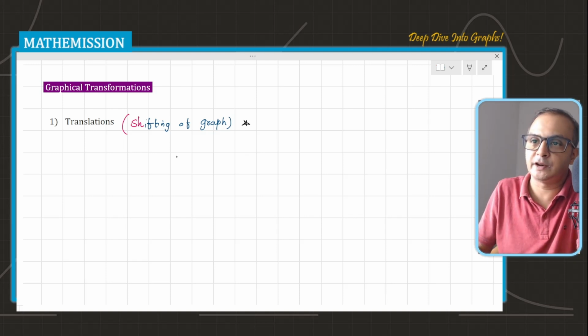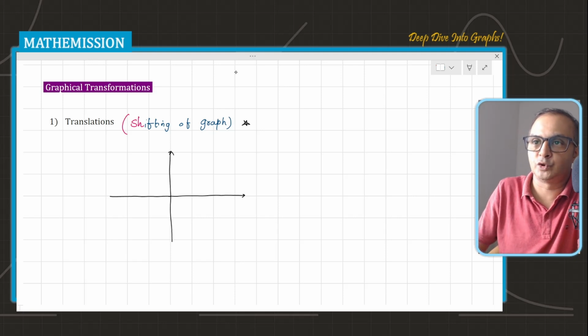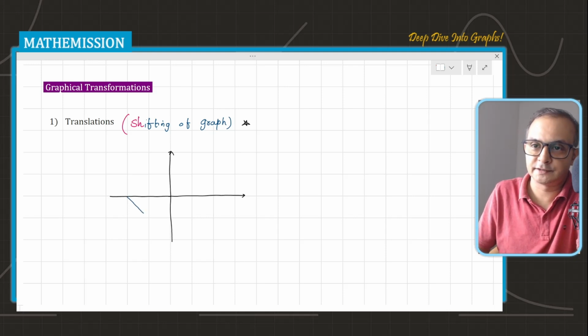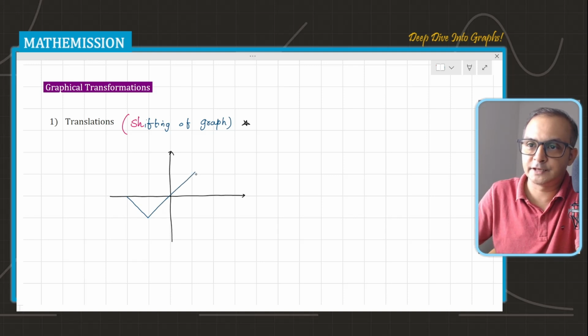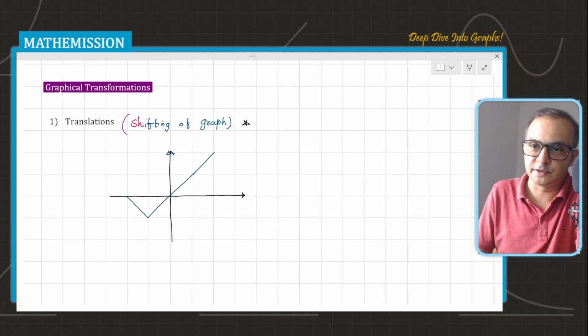Suppose I'm taking any random function like this, and this is the general function I will take for every transformation explanation.